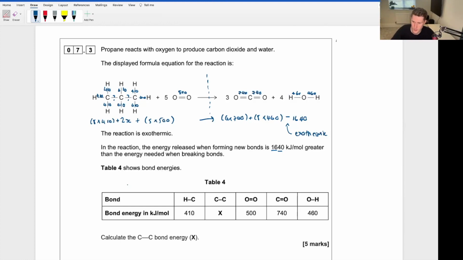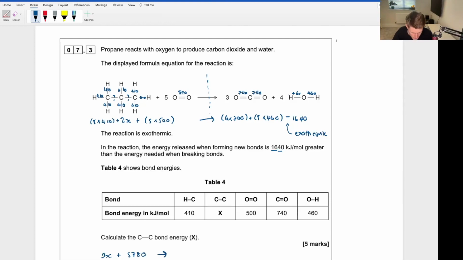So let's have a quick look. On the left side, we're going to have 2x, and we're going to have 8 times 410, and we're going to add that to 5 times 500, so we get 5780.